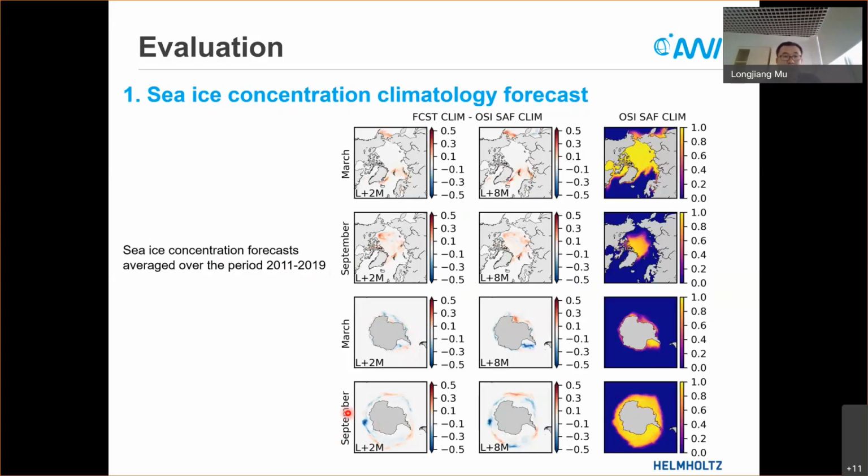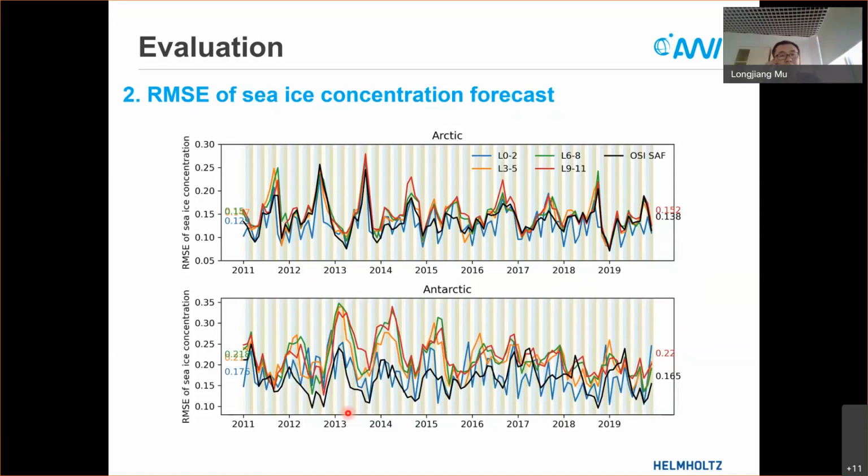So when they check another very important metric, it is the MSE of the sea ice concentration forecast. Here we compare our results with the observation, for example, the OCSAF observation forecast. That means that we use the historical values as the forecast.